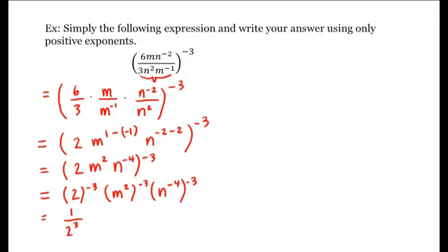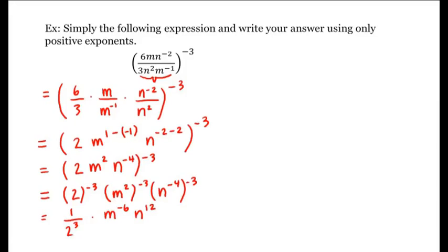And then times, we have a power of a power, so remember we multiply 2 times negative 3, which is negative 6. Same with the n term. We have a power of a power, so we multiply. So we have negative 4 times negative 3, which is positive 12.